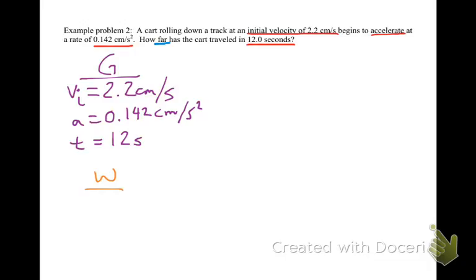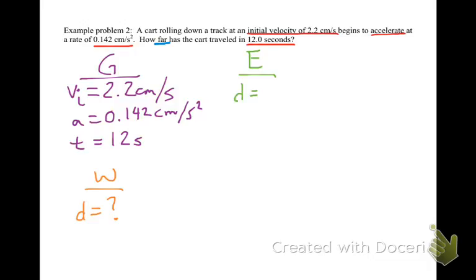Wanted, how far has the cart traveled? So they're asking about our distance or our displacement. How far, our displacement. Let's figure out what equation we're going to use that incorporates all of these variables. We have our initial velocity, we've got our acceleration, we've got our time, and we want to solve for our displacement. So, looking at your reference tables, which equation incorporates all of those variables?